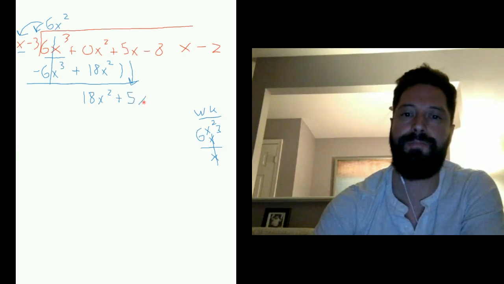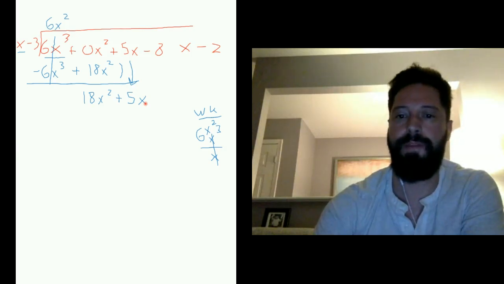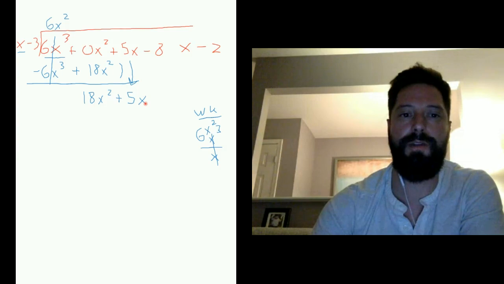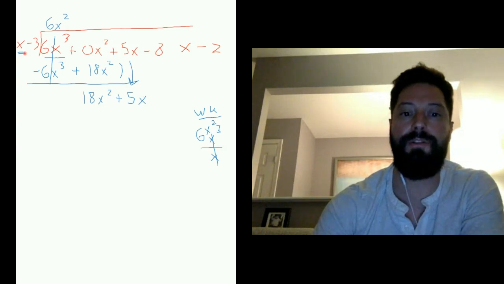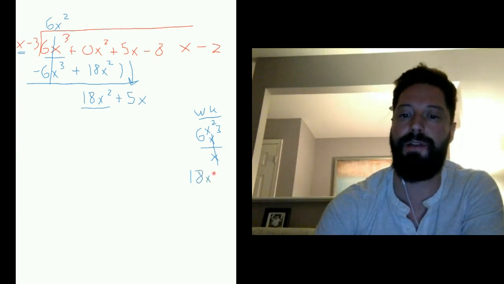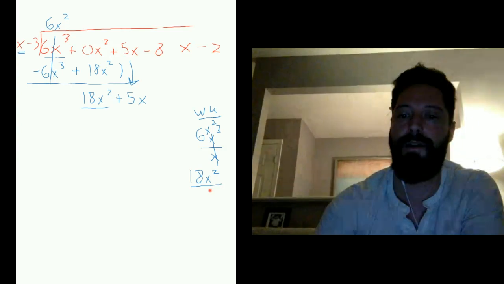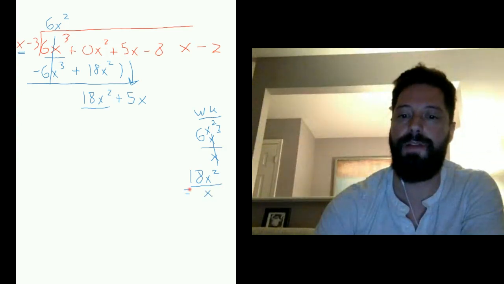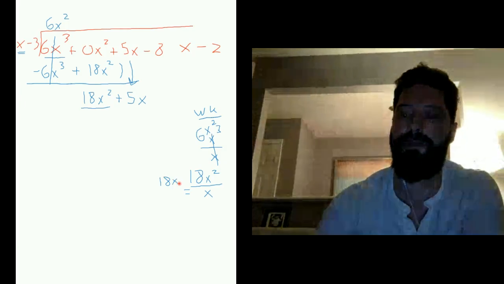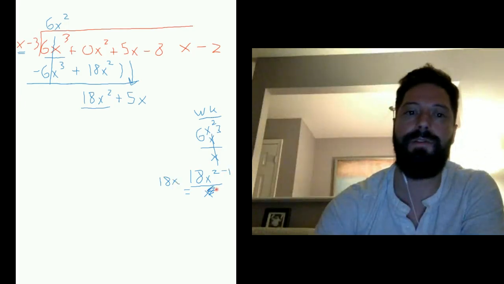Now I say to myself, how many times does x divide into 18x squared? You can do the division off to the side. 18x squared divided by x just equals 18x, because you would use the subtraction property. So we put a plus 18x here. Then we distribute that through, and we get 18x squared.